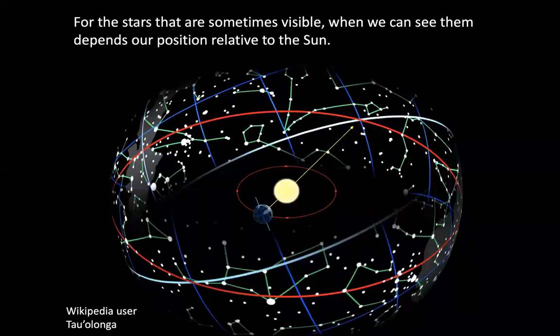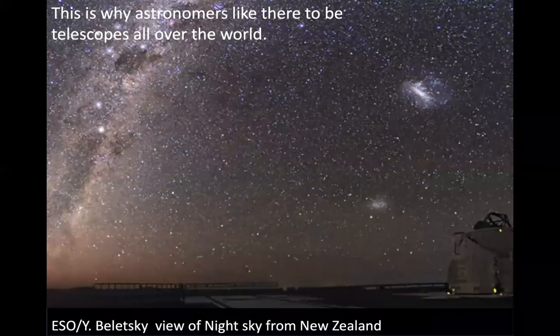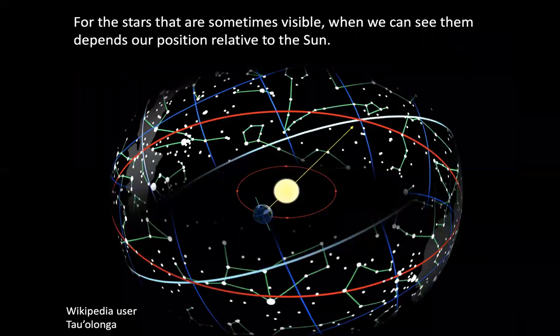But there's more to it than that. There is this entire collection of stars that do get above the horizon, but there's certain times when we can't see most of them. And the reason for that is because there are not just stars in the sky, there is also the sun, which is a star, but because it's so close, it's exceptionally bright.